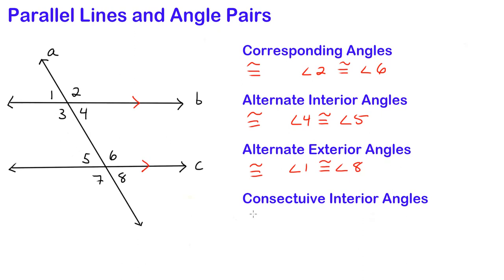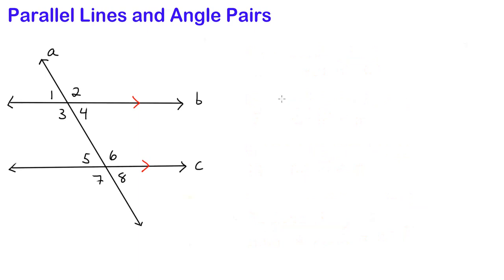They are supplementary. So the measure of angle 4 plus the measure of angle 6 equals 180 degrees.